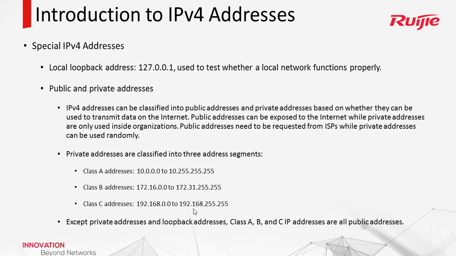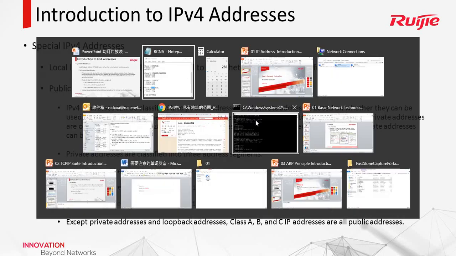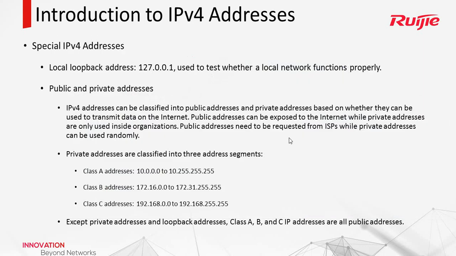At last, I also want to introduce you to one special IP address, 127.0.0.1. We call it a local loopback IP address. So maybe you have tried to ping it before.